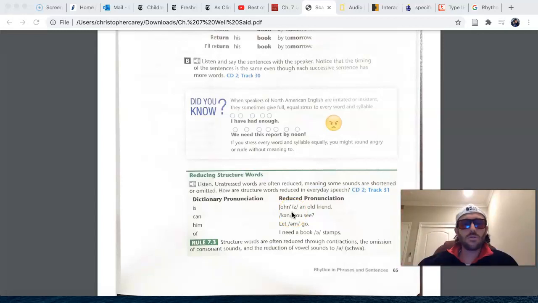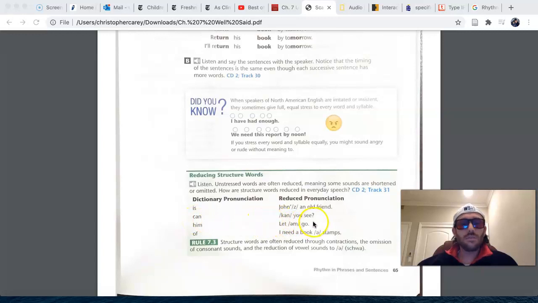Surrounded by content words. John's an old friend. John's. Instead of is, just z, consonant sound. So the vowel sound is omitted altogether, right? The I vowel sound. Can is reduced to kun.